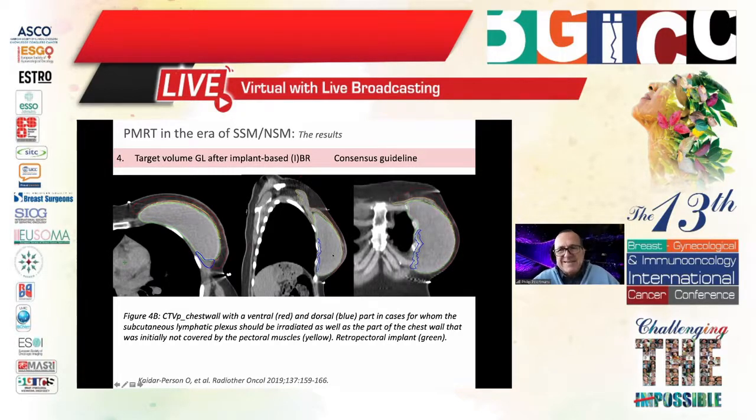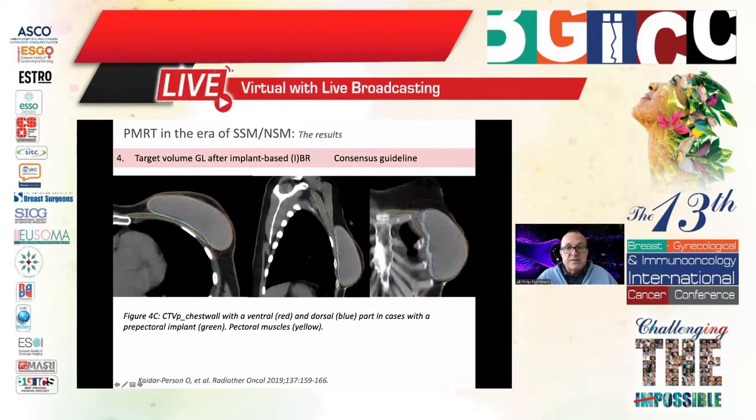The implant itself is not the issue. The implant is, and I will show you images later, of course the tissue surrounding the implant where capsular contraction originates from. So here is another drawing, a prepectoral one: prepectoral, subcutaneous, and then the deep lymphatic plexus.